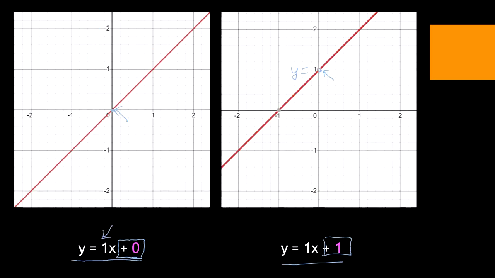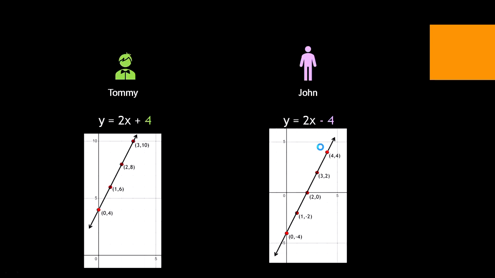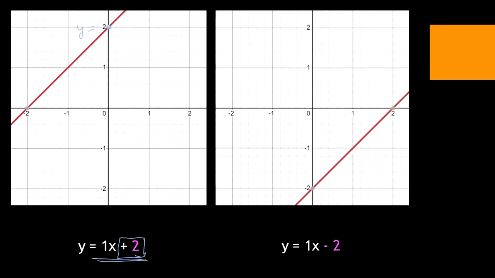Here it intercepts at 1, and in this case it intercepts at y equals 2, because our y-intercept is 2. In this case, if our y-intercept is -2, you can see that the whole graph has shifted downwards in order for it to intercept the y-axis at y equals -2.